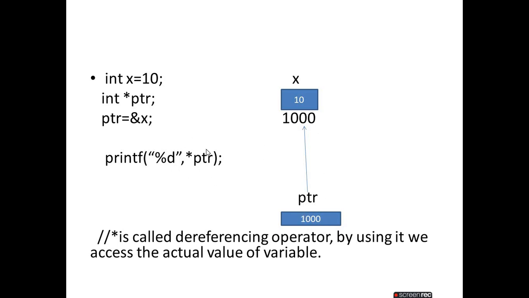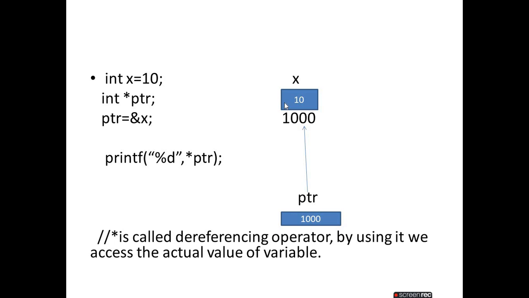For example, what is the value of ptr? 1000. Star ptr means we go to this location 1000, then find and access the value, that means 10. So 10 is printed when we print star ptr.